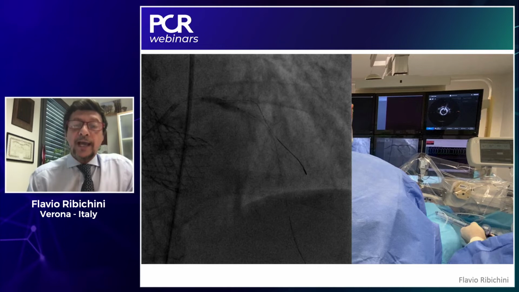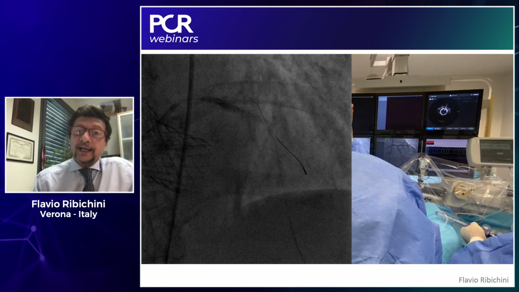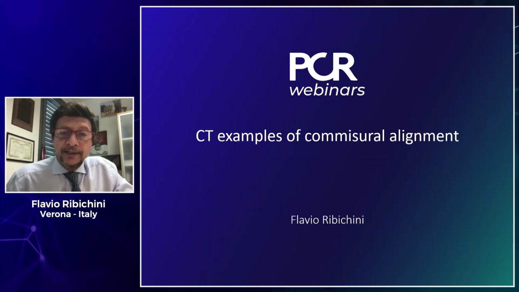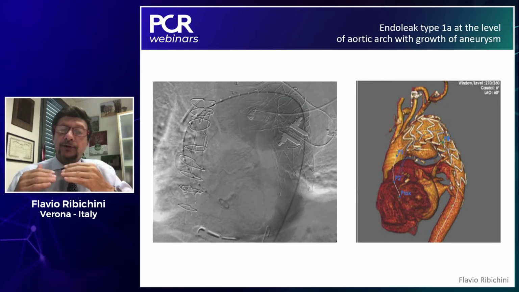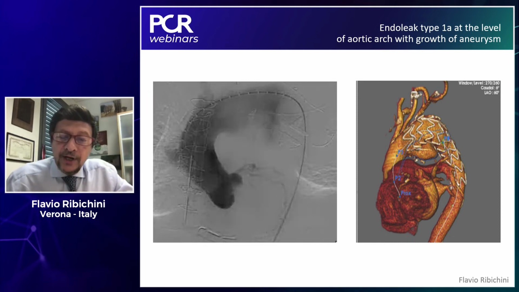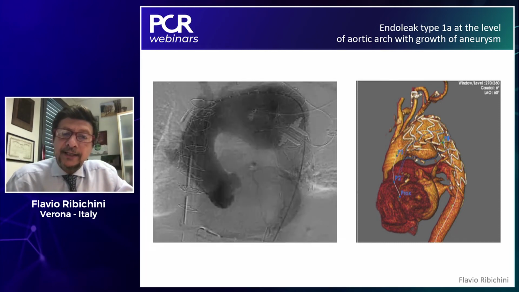So now I can show you what is the aspect of the relationship in between the native root of the aorta and the transcatheter valve. So please show the next part of my slides, and you will see these are examples of CT scans performed after valve implantation. We start with this very difficult and demanding case. You see, it's a patient with an aneurysm of the aortic arch.